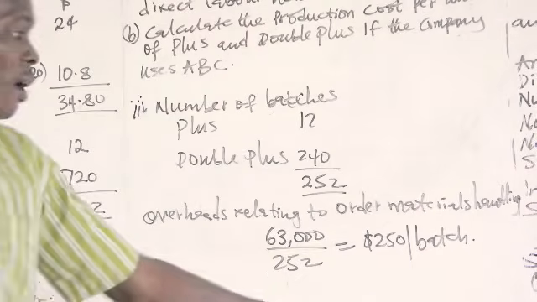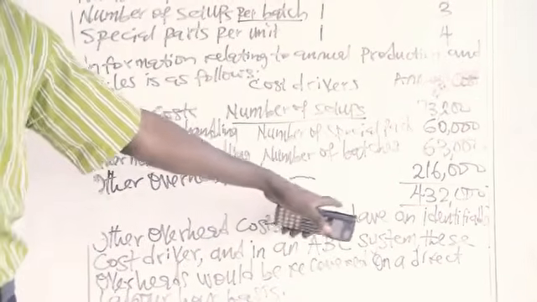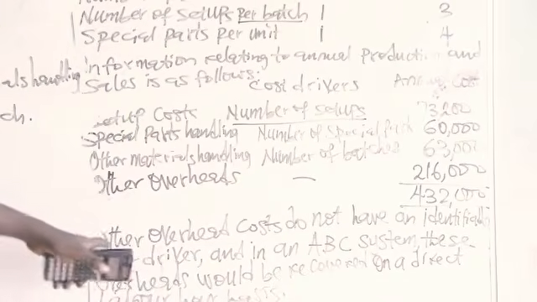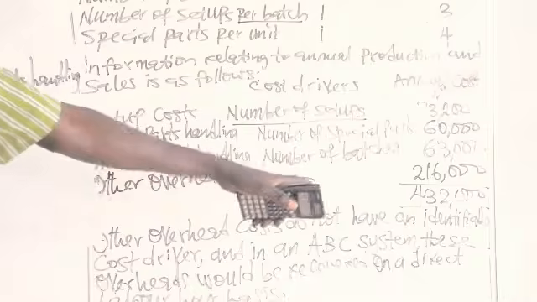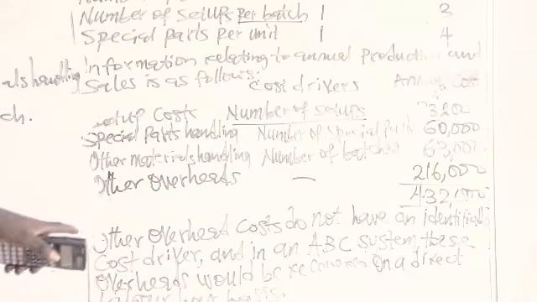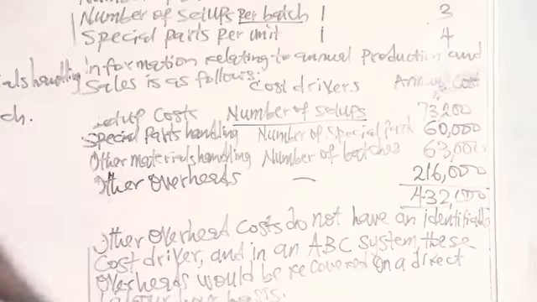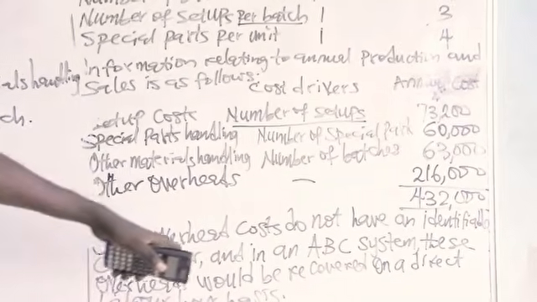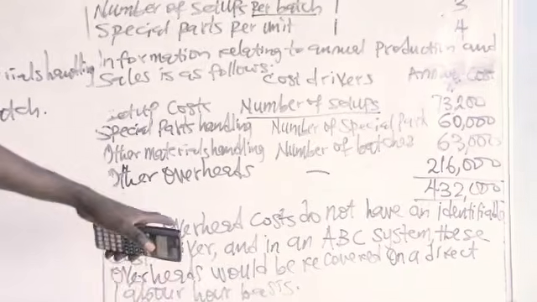Then we have other overheads. You are not given any possible cost driver for that. But in the note, we were told that other overhead costs do not have an identifiable cost driver. And in an ABC system, these overheads will be recovered on a direct labor hour basis.